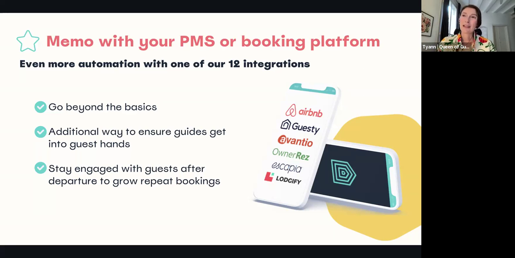And you can also create custom emails and texts to supplement. If you've already got your messaging flow set up through your unified inbox through your PMS, fantastic, keep using that. If the integrations have the ability to send that guidebook link, we totally encourage you to do that as well. If the integration doesn't allow us to do that, because a few of them don't, you can use TouchStay to make sure you're getting that guidebook into your guests' hands.